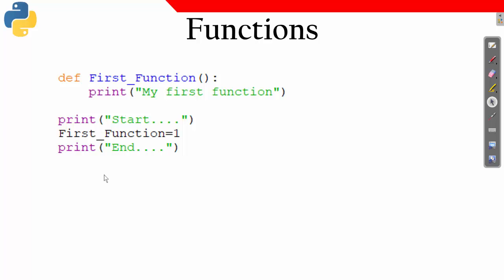Now you see what will be the output. Can you tell me what is the output here? Read the function. I am having a def keyword, and then I have written my function name, first function, with brackets and a colon. Then I am writing my first function in double quotes.